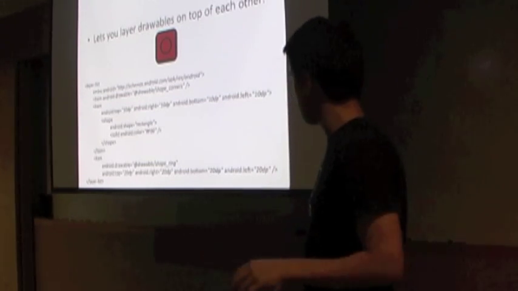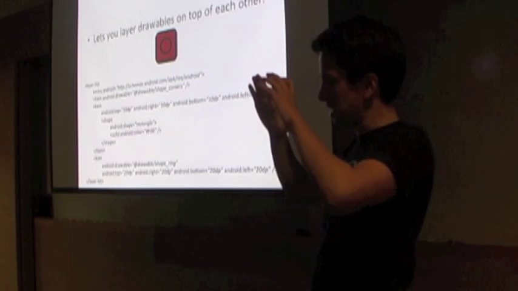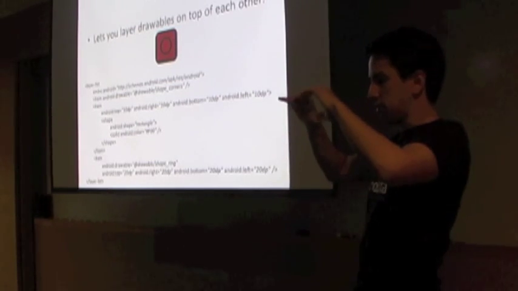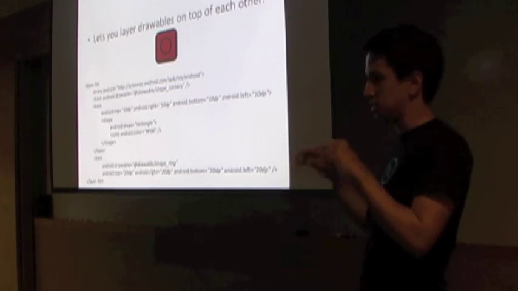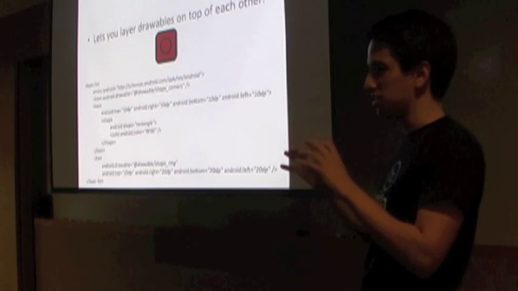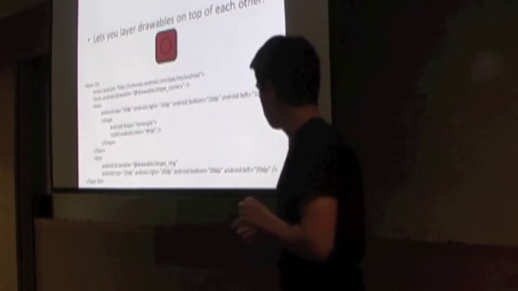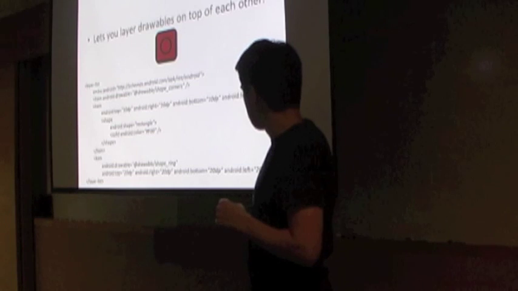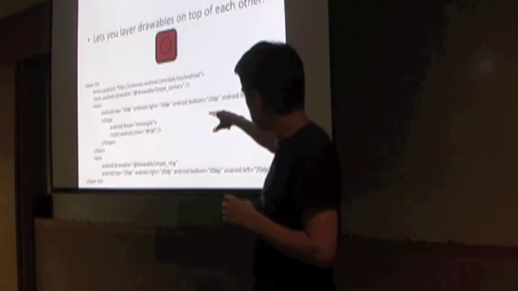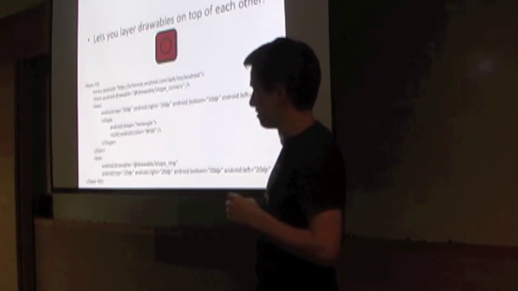This is so useful. I use it all the time. I can use it to put just a tiny border on an image. I've used it to overlay a rounded corner asset on top of other images, so you can have a really easy rounded border look on pictures with this. And with the layer list, you either just define items that reference other drawables, or you can define a drawable inline.